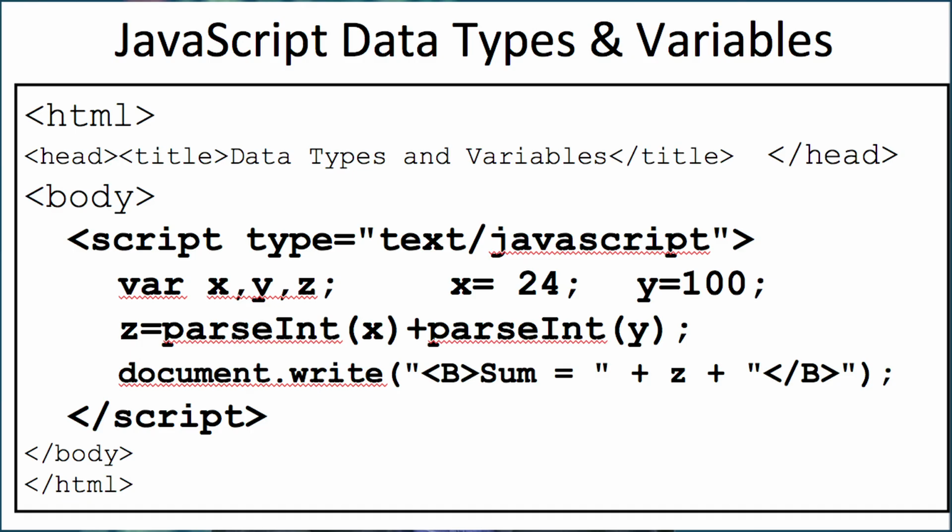So here we have the string sum and z is a variable. The string and the variable are concatenated by the plus sign, and finally we have the slash b closing bold tag. b represents the bold tag. The output sum equals z will be in bold face, and then script close, body close and HTML close. So this is the JavaScript program.